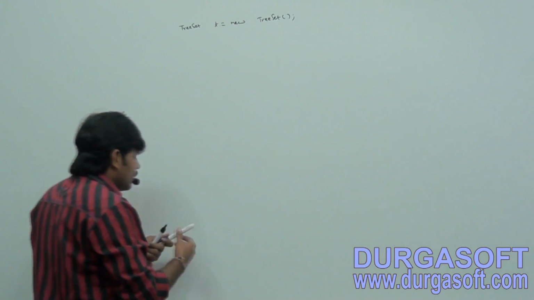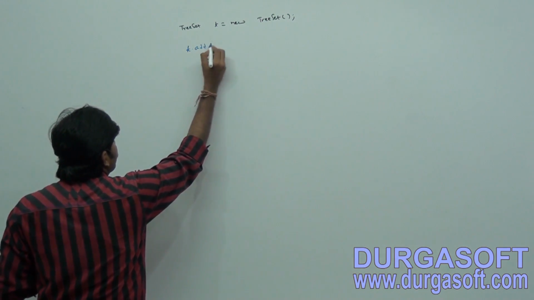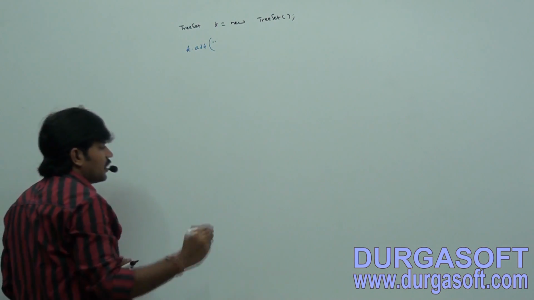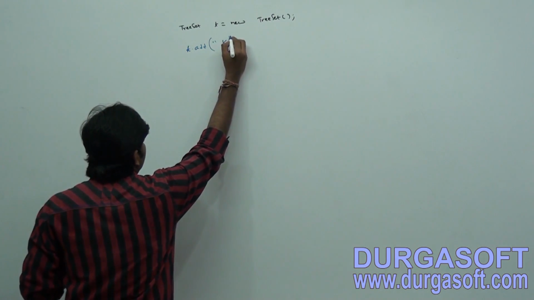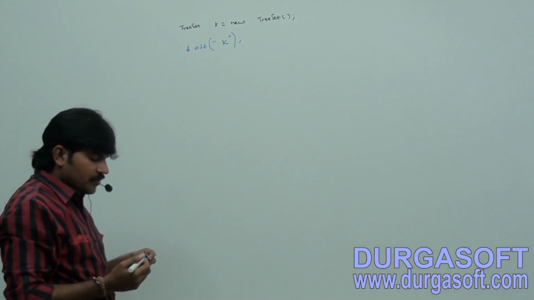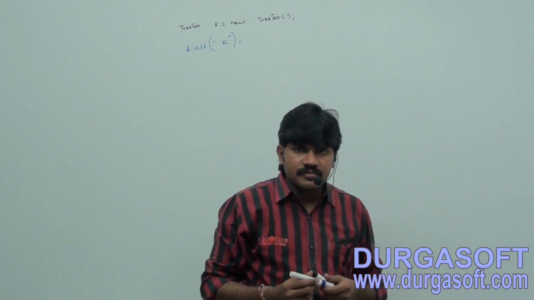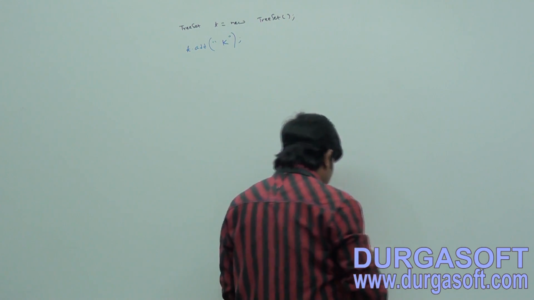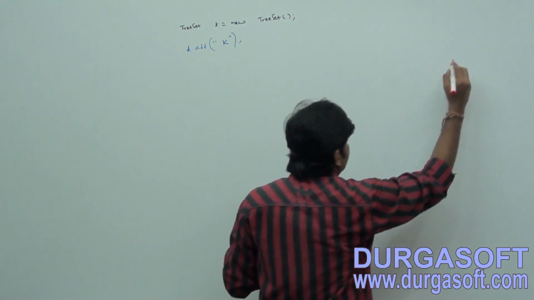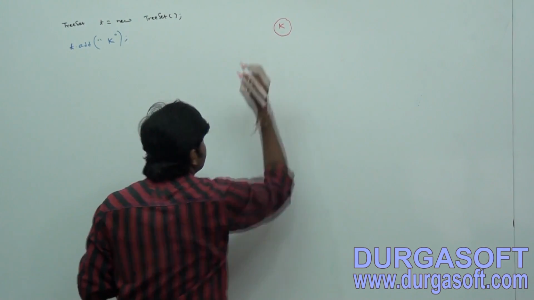Now I am trying to add t dot add of K. For the first element, is any comparison required? No, that's why the first element is successfully inserted. Sir, for the first element no comparison is required.